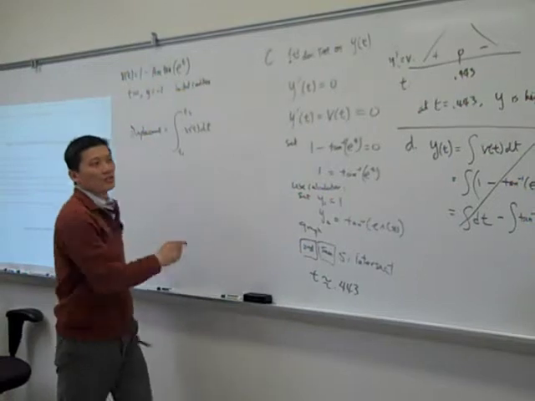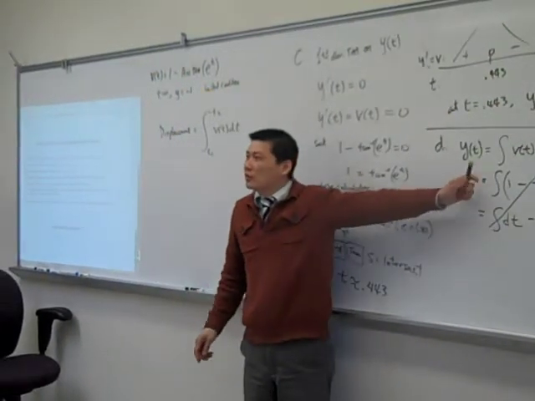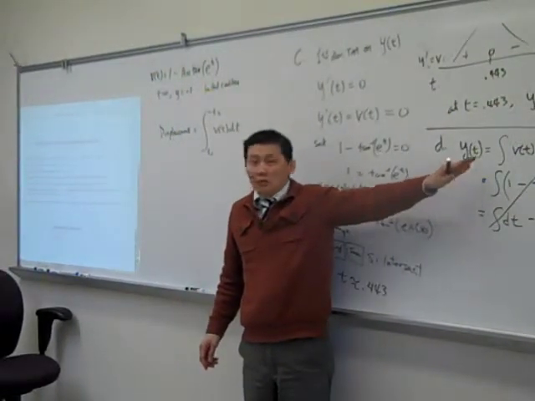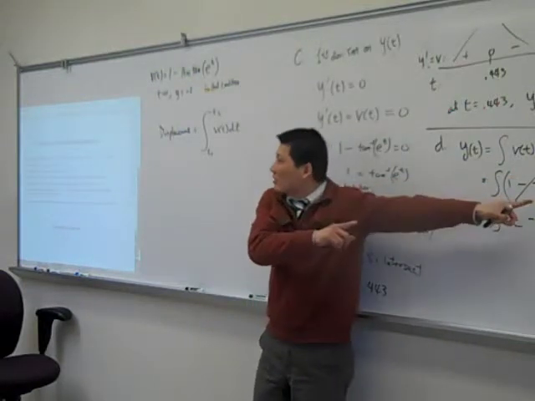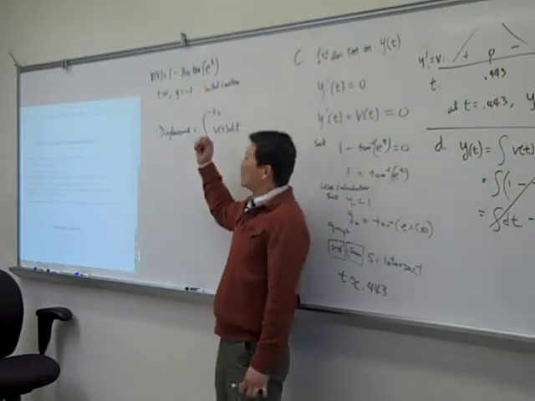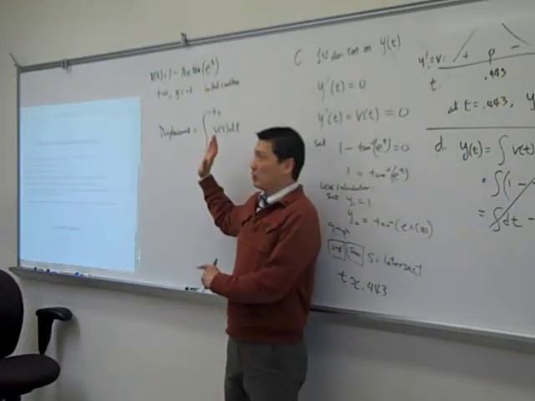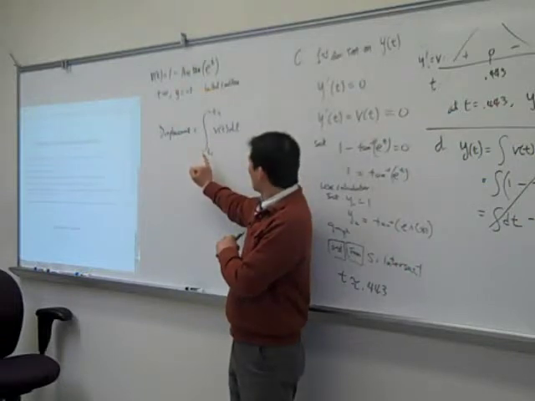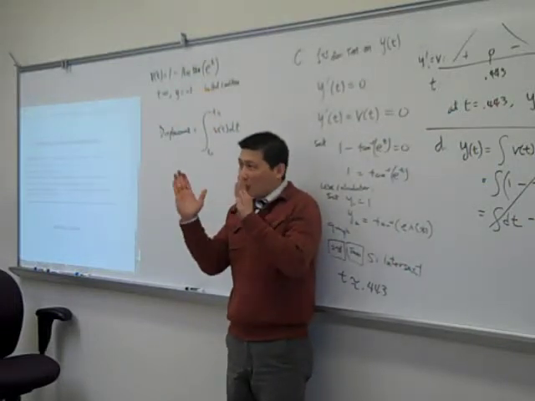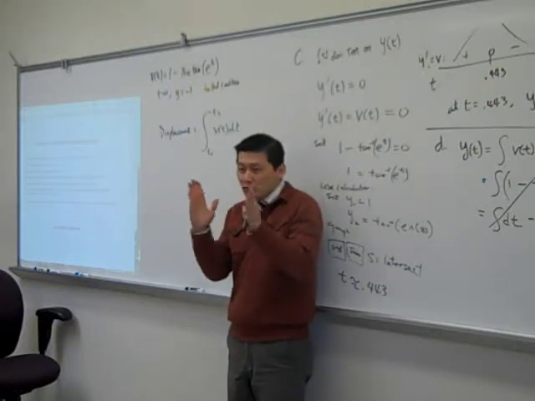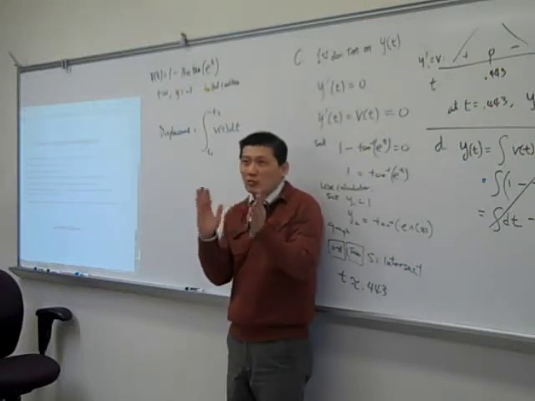Notice the difference between this and this. This over here is a position equation using an indefinite integral, right? But remember, when we do an indefinite integral, it's going to come up with a plus c at the end. But this one is a definite integral. A definite integral gives you boundaries, and that tells you the displacement between the 2 times, regardless of where you start.